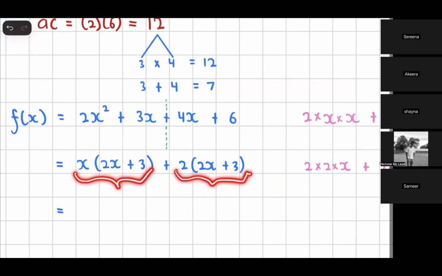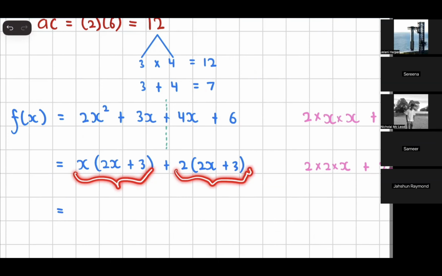Keely, you're seeing 2x plus 3 over here, and you're seeing it over here as well.